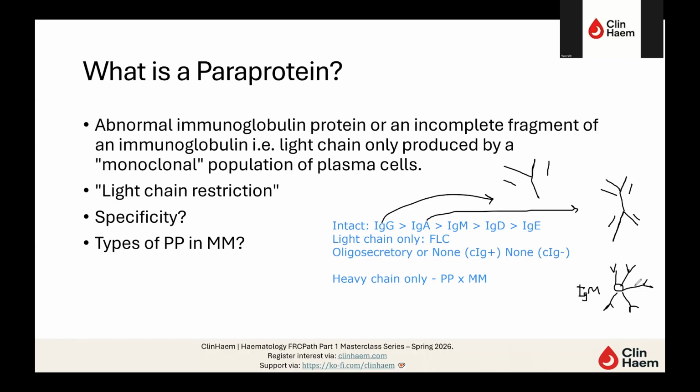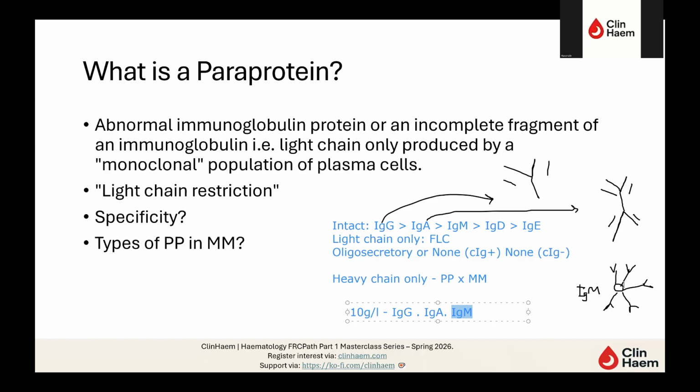That is why, if you have patients with the same amount of paraprotein, say 10 grams, one with IgG type, one with IgA type, and one with IgM type, whose viscosity is going to be the highest? Clearly the IgM type, because these paraproteins are bigger and his blood would be more viscous.